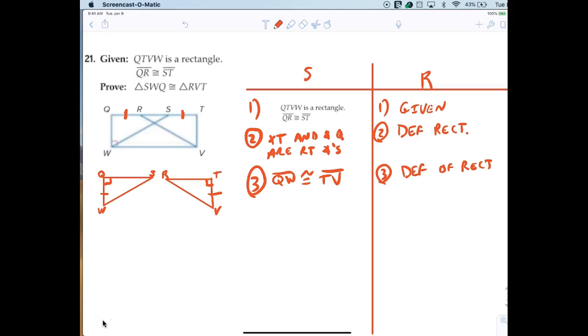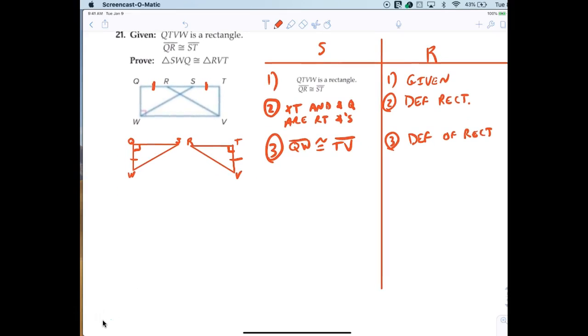Now, I'm trying to get QS congruent to RT, right? So, yes, RS is congruent to RS. That's a reflexive property. But I could also say, let's just do this for now. Let's say QR plus RS is equal to what?